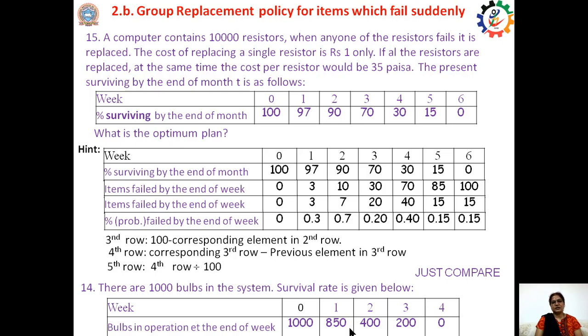So here, after subtracting from 1000 and after converting cumulative into individual values, we are dividing by 1000 because the values are based on 1000. Here surviving is given once again, so we convert that into failure by subtracting from 100. Here we subtract from 1000, here from 100. Then we convert into individual values, then we divide by 100, here we divide by 1000. So based on the type of given data, you have to do the calculation.